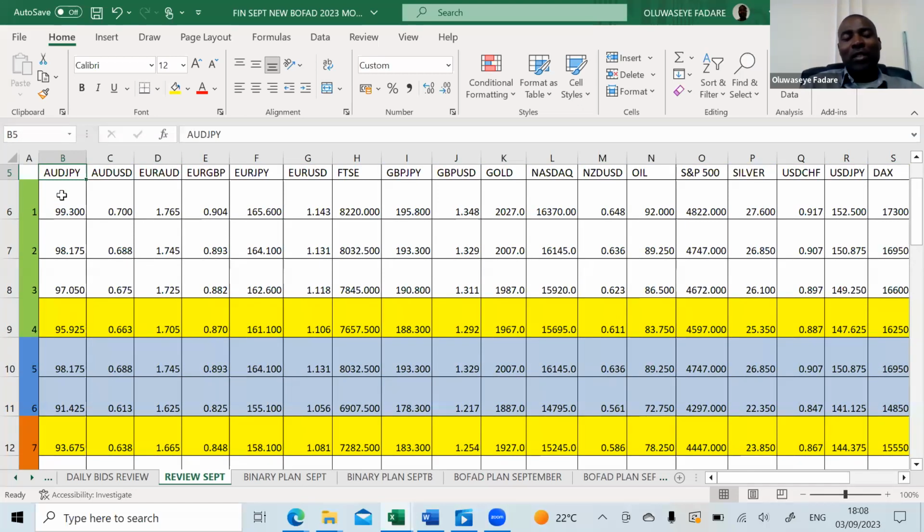So as the market moves, the further it moves away from that extreme, the less opportunity, the less viable that market is.